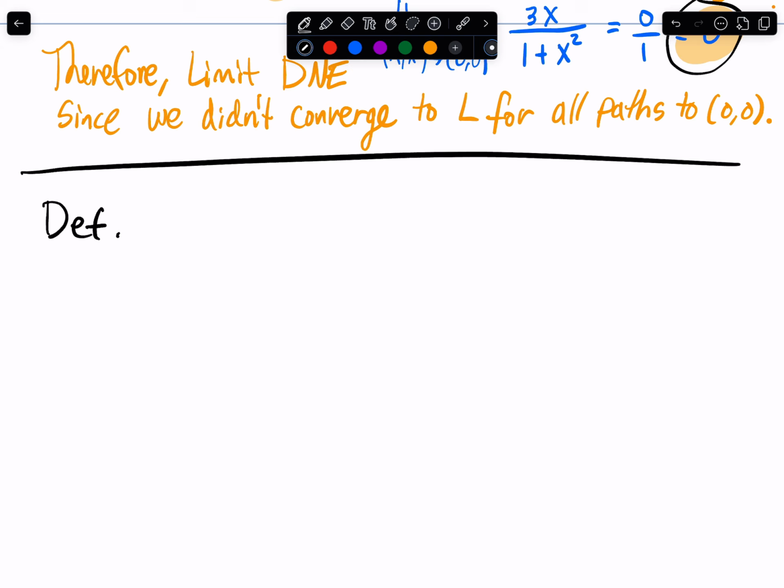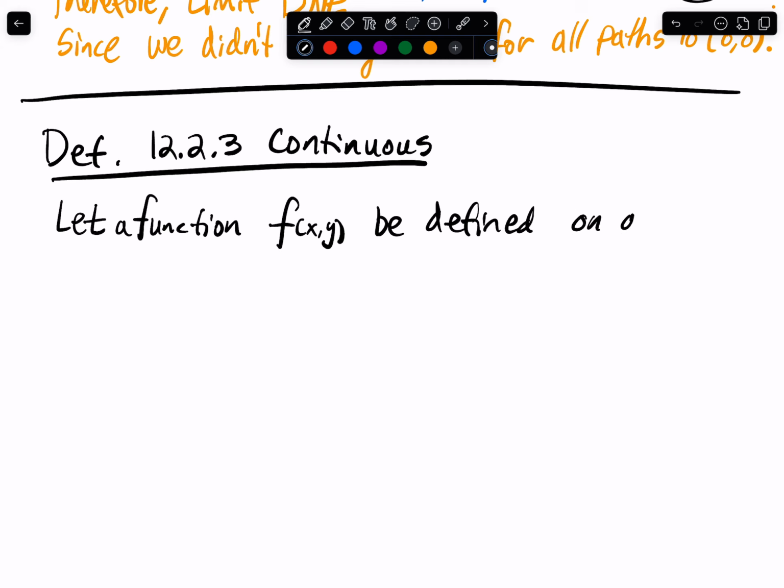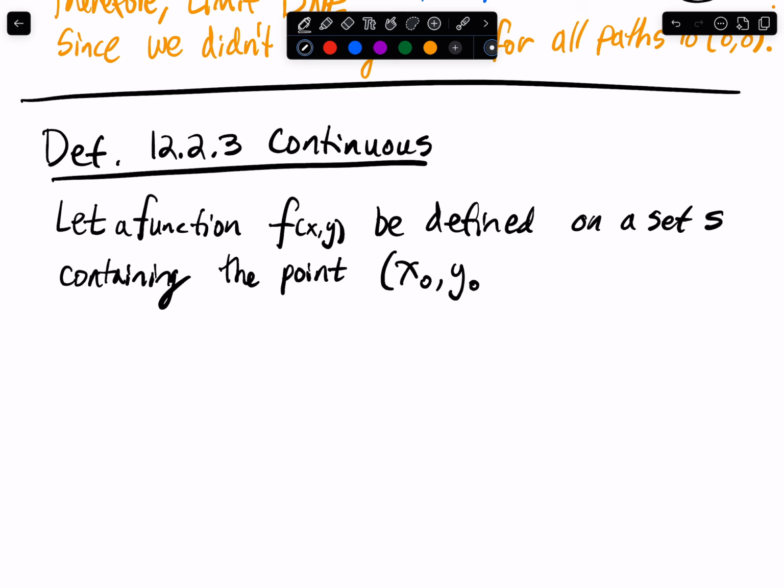So let's talk about the definition here. Definition 12.2.3, continuous. Let a function f(x, y) be defined on a set S containing the point (x0, y0).